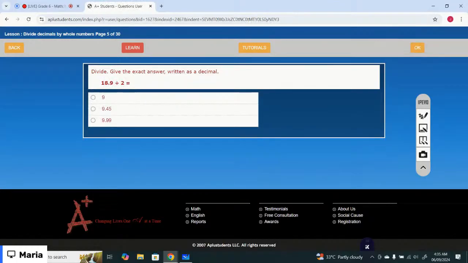Do not guess the answers, right? Use your notebook and pencil when you solve the questions. Guessing is not the correct way to do the questions. 18.9 divided by 2, which is the correct option?